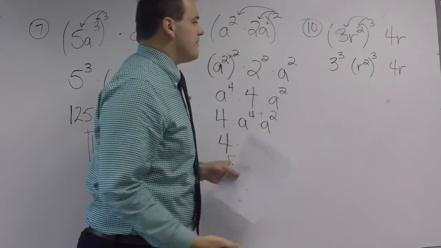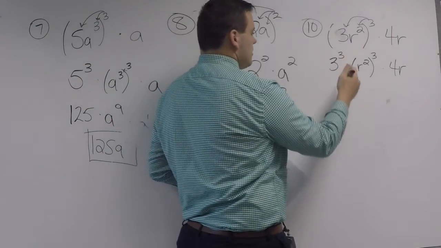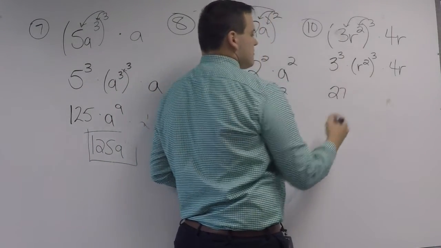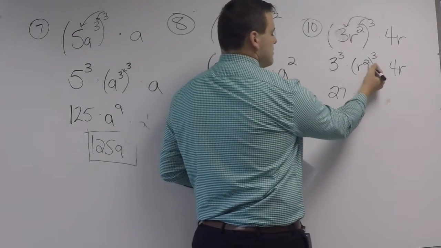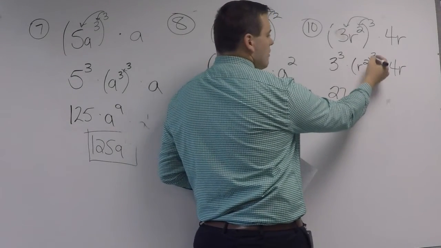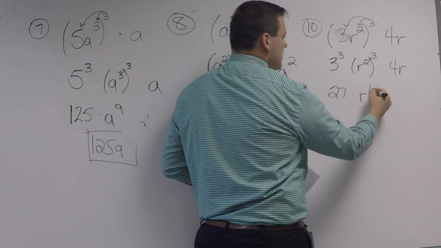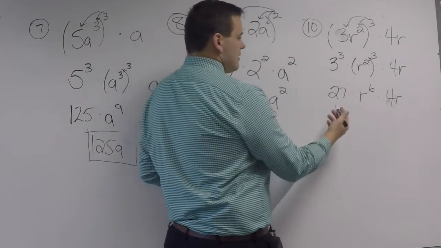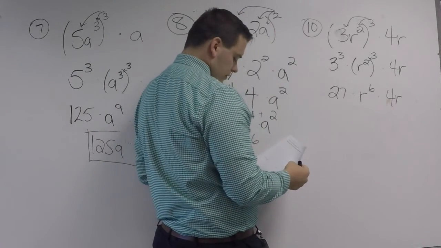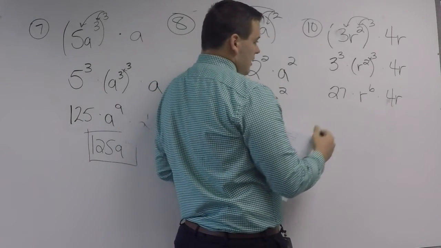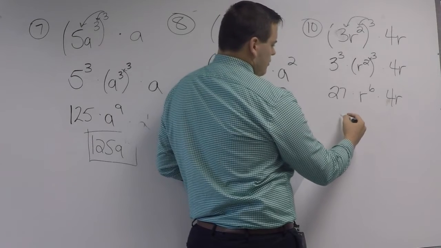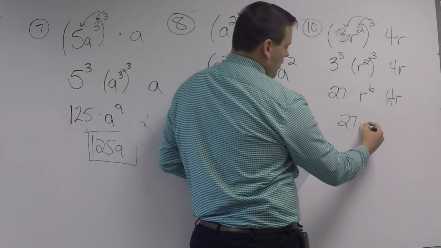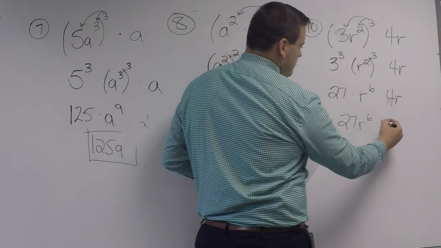From here I simplify. 3 cubed is 27. 3 times 3 times 3. Times, this is a power of a power, so I'll multiply. R to the 6 times 4r. Now I'm going to write this just a little bit differently, and I'm going to say 27 r to the 6 times 4r.